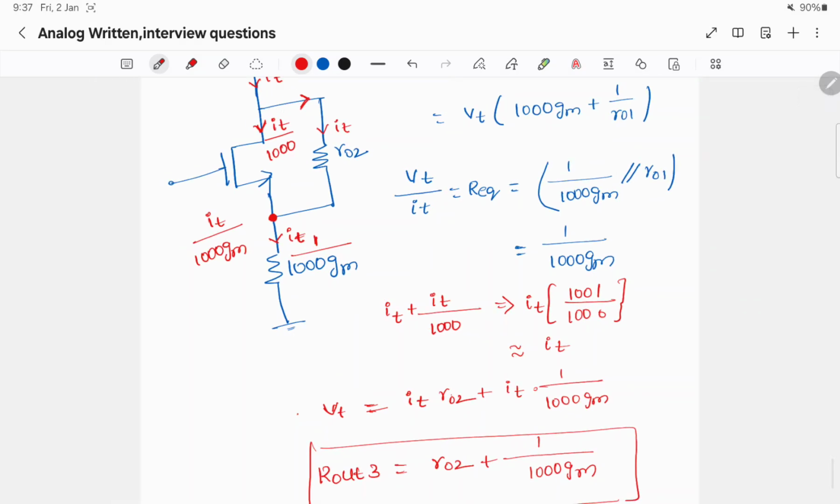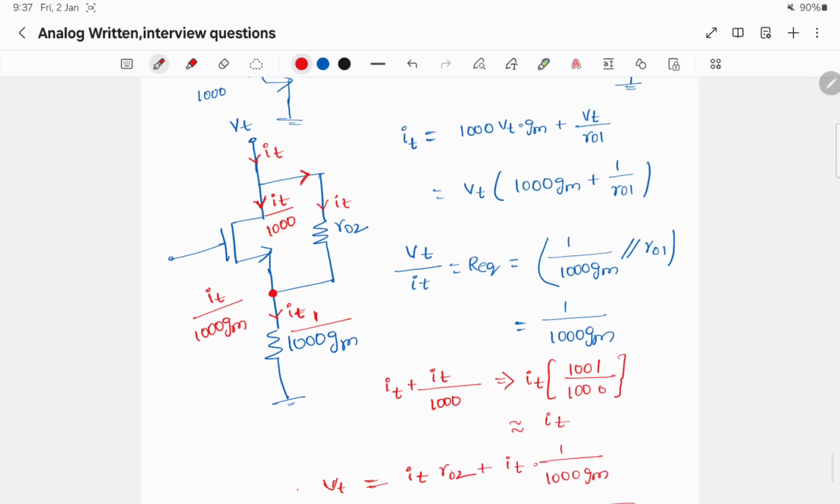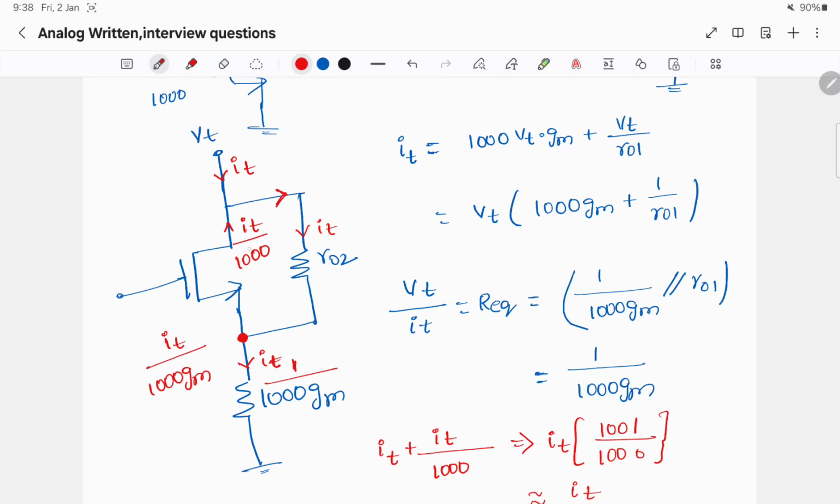Because the current flowing from source to drain in this case has decreased by a factor of 1000, it is very small. So the current flowing in the RO2 resistor now is IT.